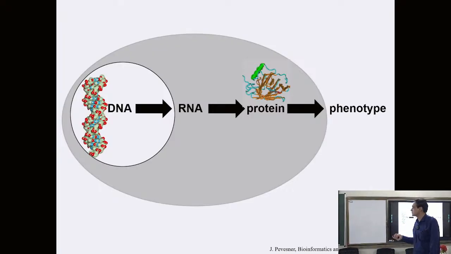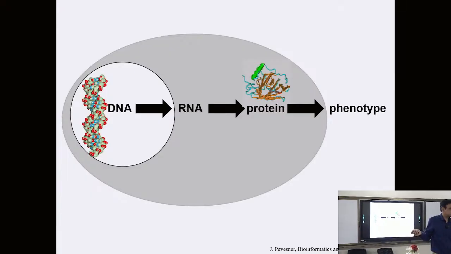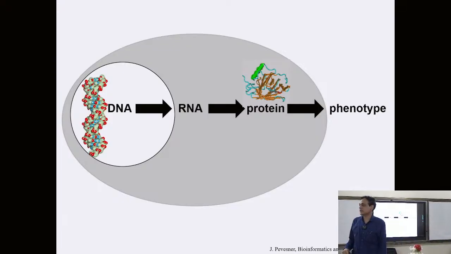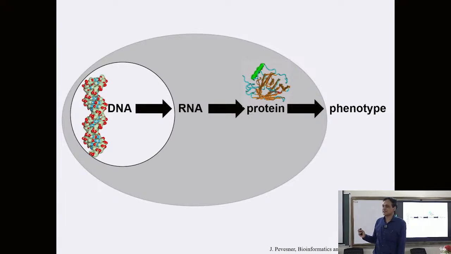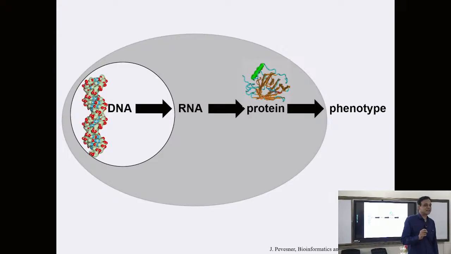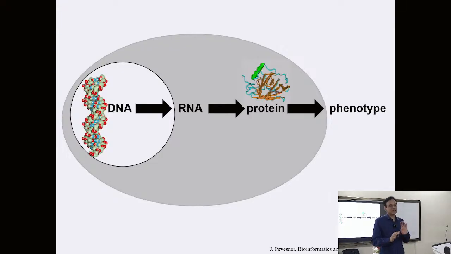You can see different processes going on within the cell of a eukaryote. DNA has a double helical structure, and I am not going to go into the definitions of all these; I am assuming that you know. If you have any questions on these basics, we can discuss later, because we have to keep within time.